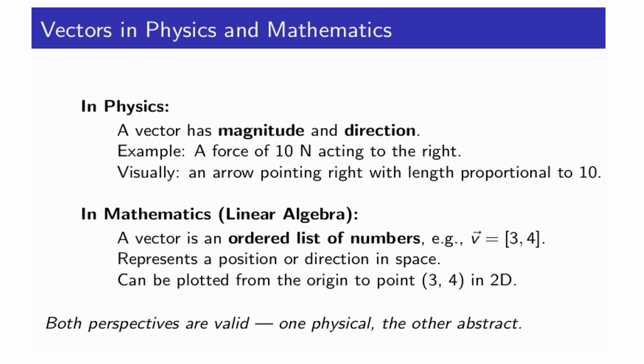Now, in physics, we know that a vector has a magnitude and direction, right? In mathematics, we say that a vector is an ordered collection of numbers. For example, V is a vector with components 3 and 4. It represents a position or a direction in space, and it can be plotted on a graph also.